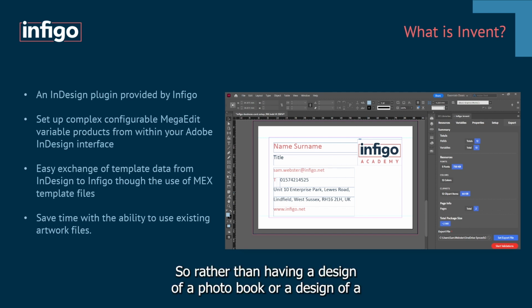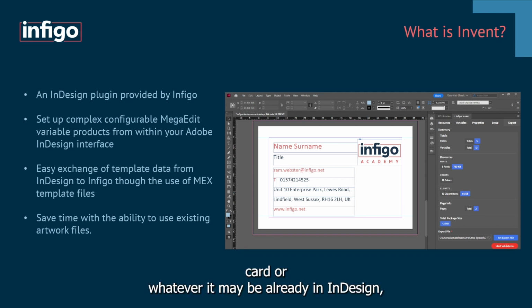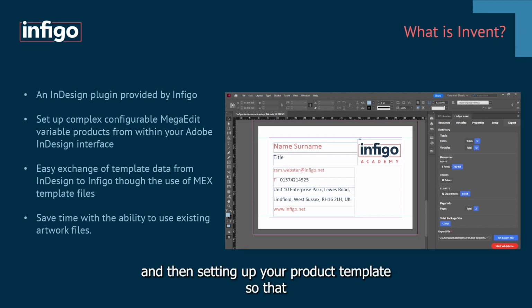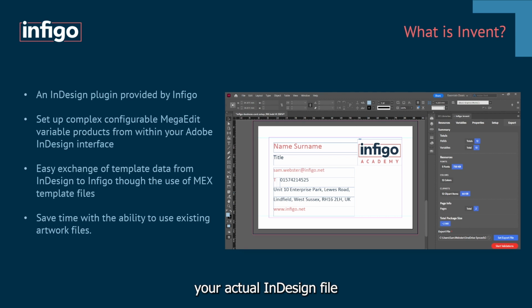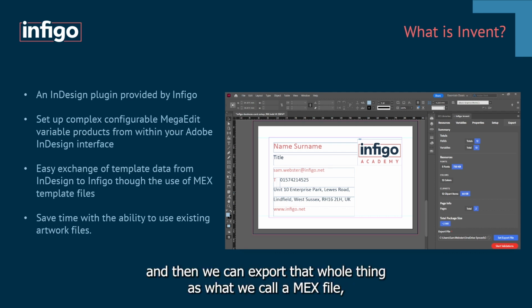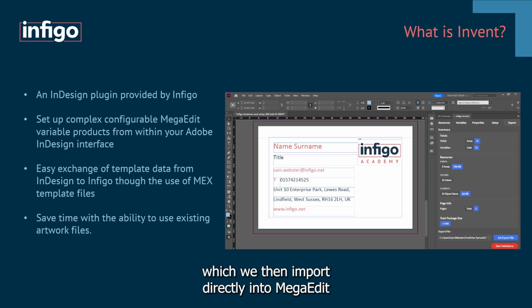Rather than having a design of a photo book or a business card already in InDesign and then having to recreate it in MegaEdit, you can load up the Infigo Invent plugin and set up your product template so that your actual InDesign file defines which bits are configurable and what values we can put into certain places. Then we can export that whole thing as what we call a MEX file, which we then import directly into MegaEdit and our Infigo storefront.